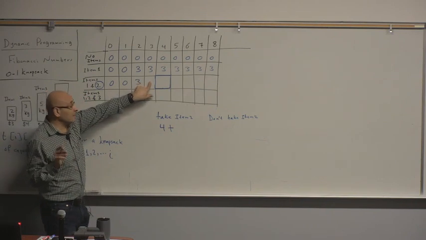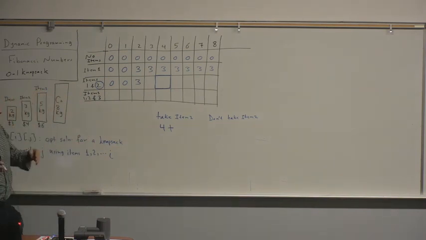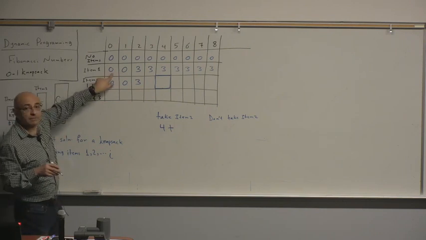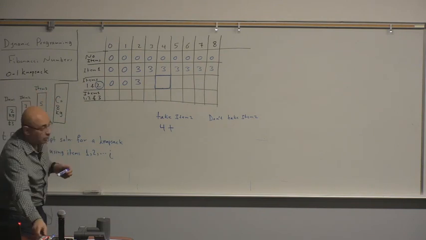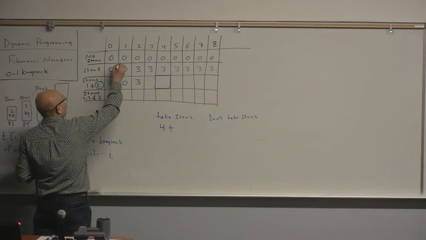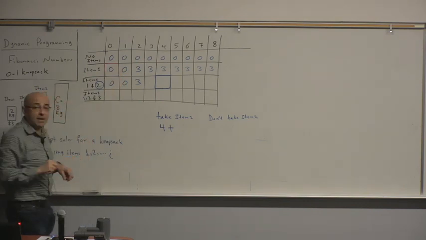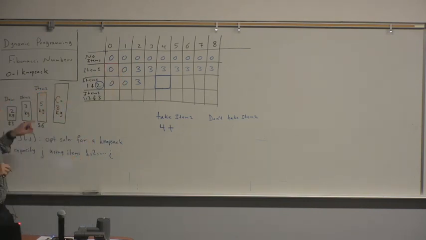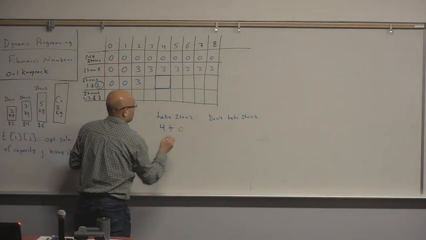Now, with a capacity of 0 and using the items before item 2, which is in this case only item 1, the solution is here. I already have it. This is the best that I can fit in the remaining capacity after I take item 2 using the previous items. So this is going to give me 4 plus 0.